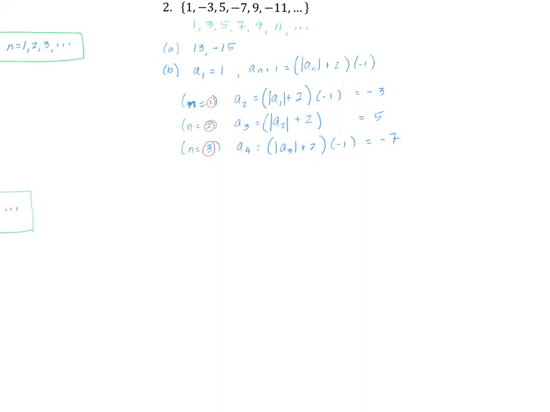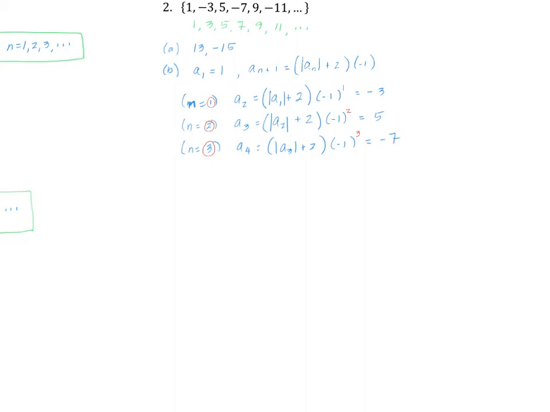Negative 1 to the 1 is negative, and I get a negative 3. Negative 1 squared is a positive 1, and I get a positive 5. Negative 1 to the third is negative, and I get my negative 7. So notice that the exponent on my negative 1 matches up to the n value.